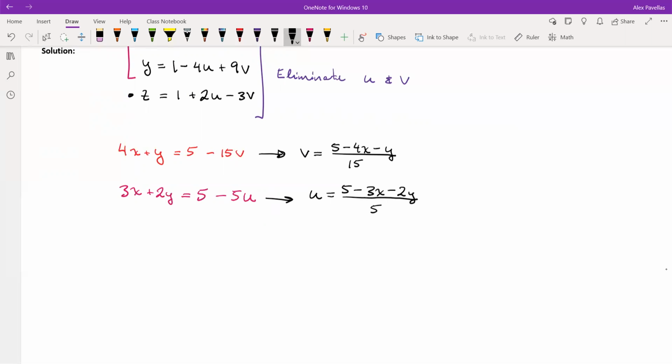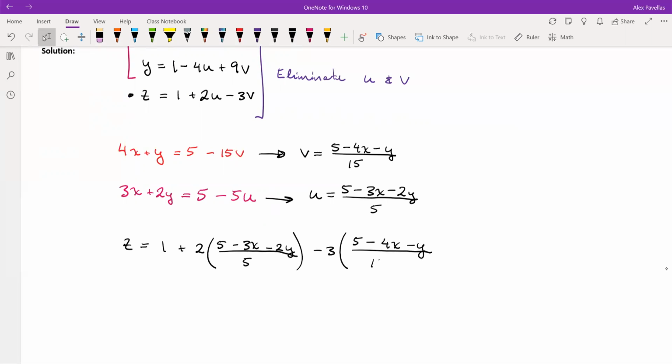So if we sub into z, we get z equals 1 plus 2u, so 2 times 5 minus 3x minus 2y divided by 5, and then minus 3v, so 5 minus 4x minus y, all divided by 15.